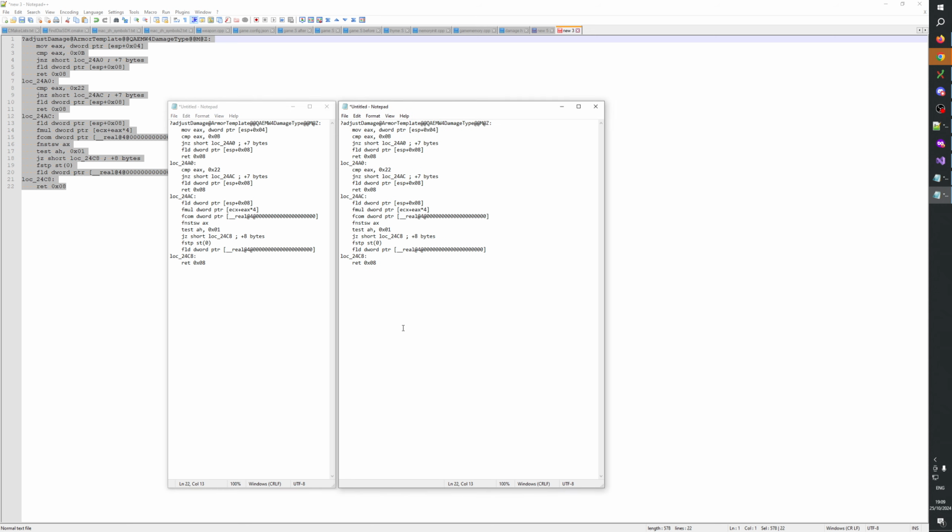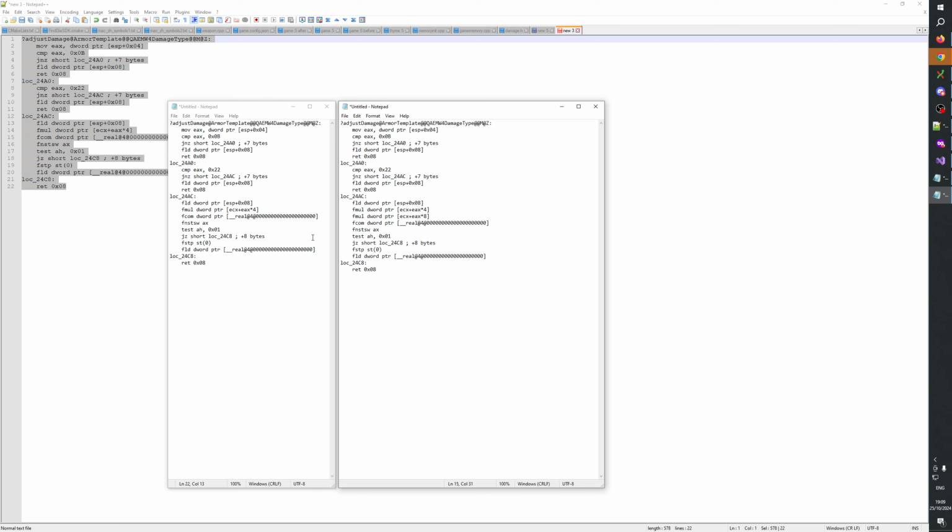Okay, so we have this on both sides. But now let's say here's some error, and it does... I don't know, what could it do here? Fmul here, it multiplies not just once, but there was another thing as well, right?